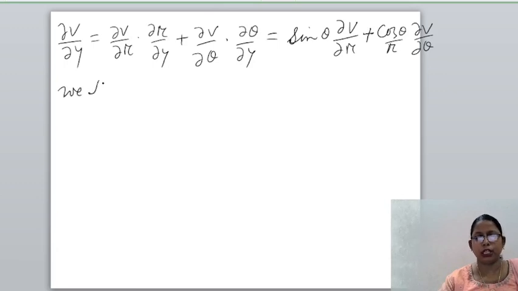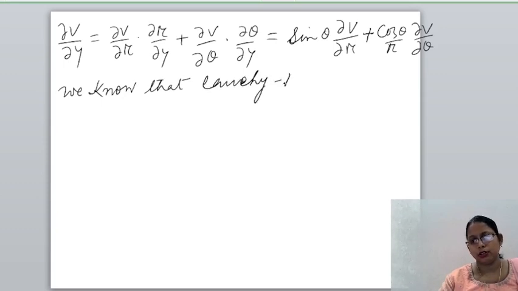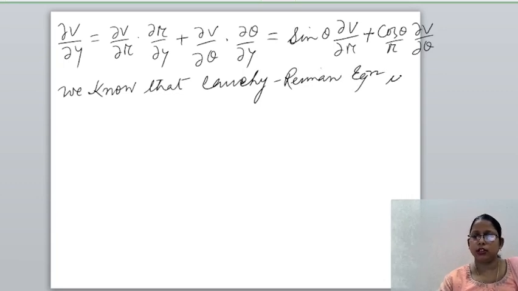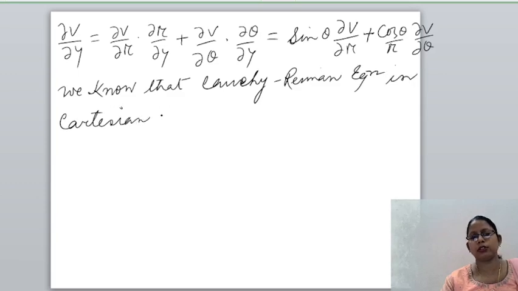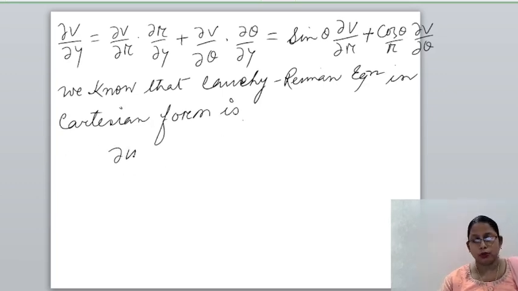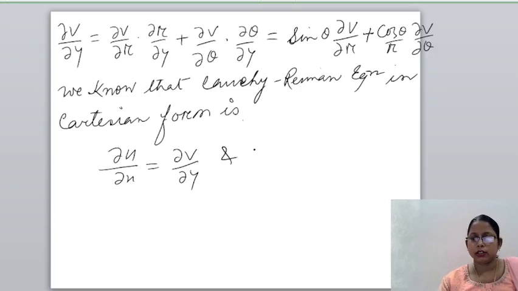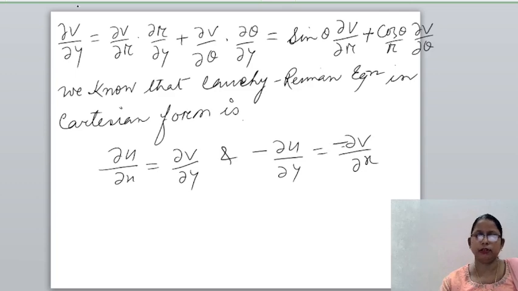We know that the Cauchy-Riemann equation in Cartesian form is del u by del x equals del v by del y, and minus del u by del y equals del v by del x. I am putting this minus here.